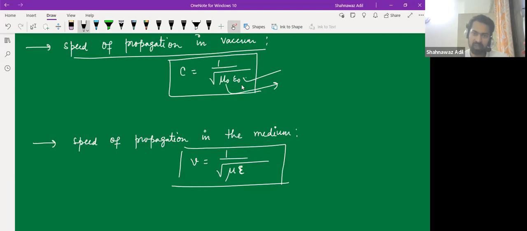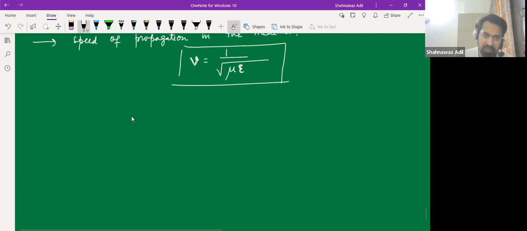When you combine these values, you get the velocity of light in free space and the velocity of propagation in the medium. So you see that the velocity of the electromagnetic wave in the medium gets reduced. So these are the things that we learn, right?